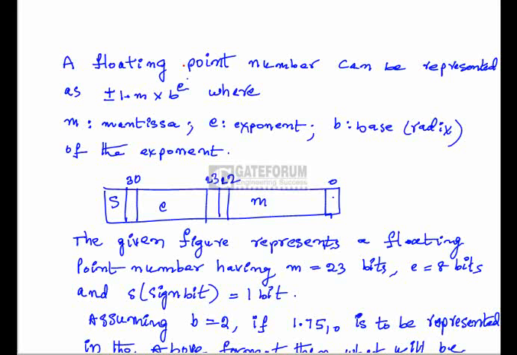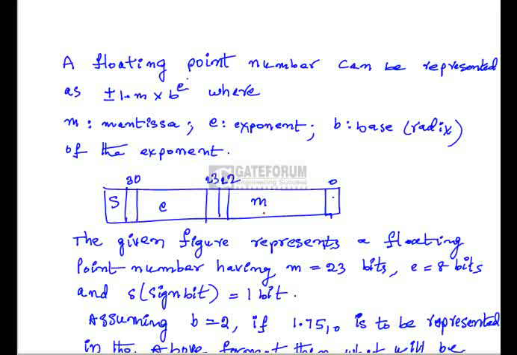A floating point number can be represented as plus or minus 1 point m into b power e, where m is a mantissa, e is exponent, b is a base, that is also called as a radix of the exponent. So the format is like this: s, e and m.